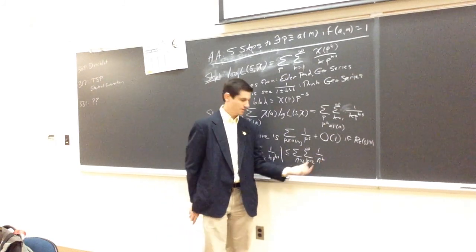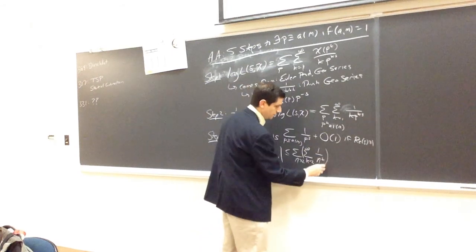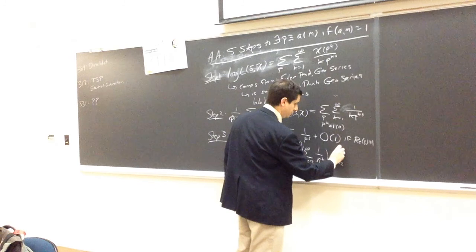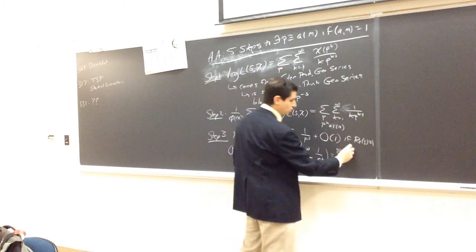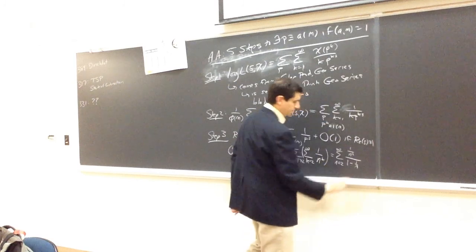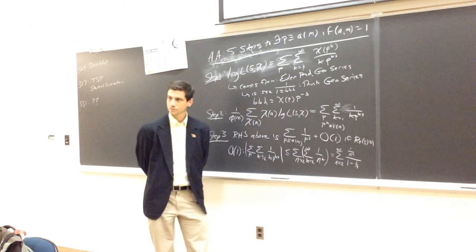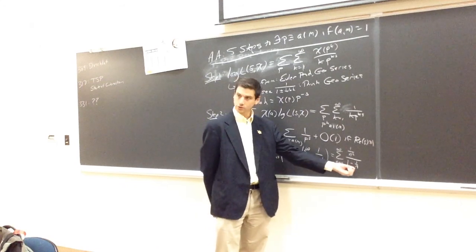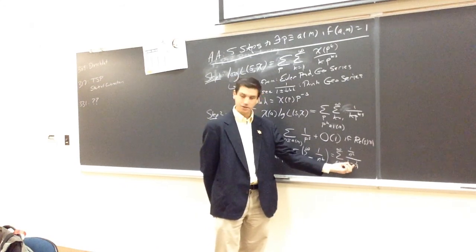It's the geometric series. So if we do the k sum first, this is going to be the sum n goes from 2 to infinity. Now the first term is 1 over n squared, and then over 1 minus 1 over n. Well, what can you say about 1 minus 1 over n? n is at least 2, so the largest the denominator can be is 1/2.